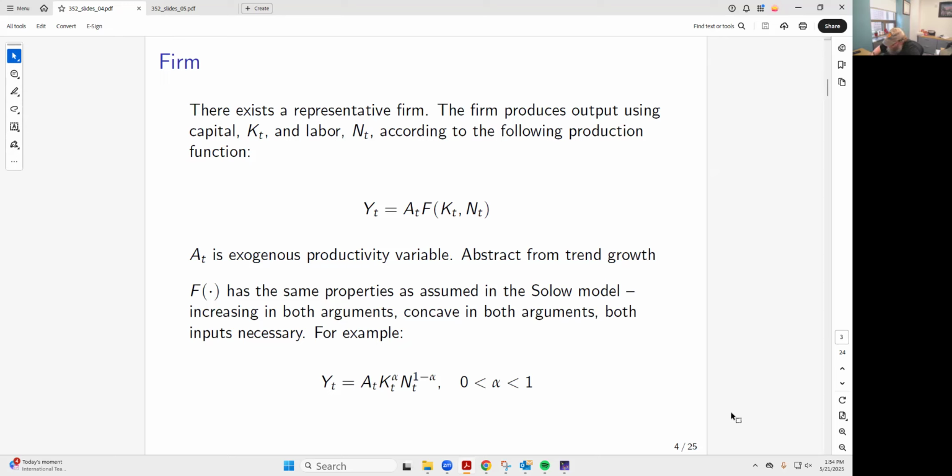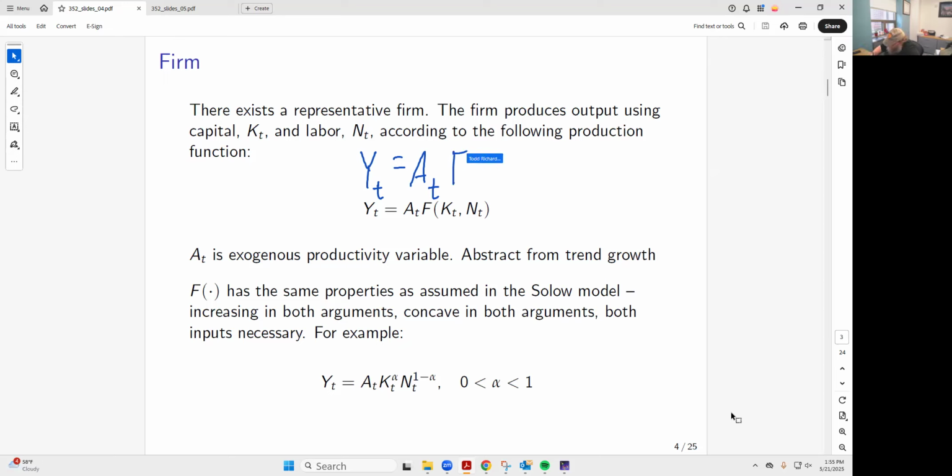You can think about this as being rewritten as production in time period T is equal to A_T, which can be thought of as a productivity, or I often think about it in terms of technology. The more technologically progressed your production function is, it's going to have this additive benefit to your overall production function.